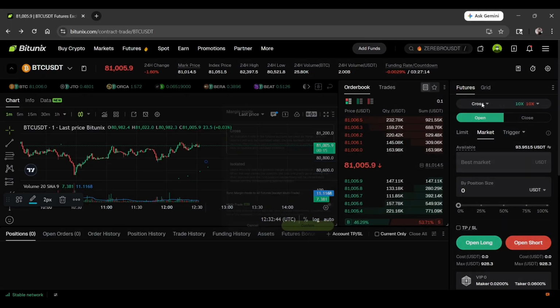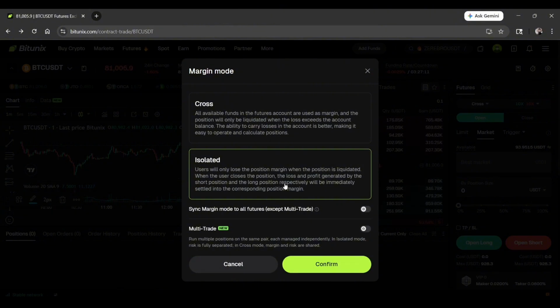When you are using isolated margin, it's not your entire account that is being used as margin. It's only a specific isolated section of your entire futures account. And it just depends on the position size of the trade that you're taking and the leverage that you selected once you actually took that trade.